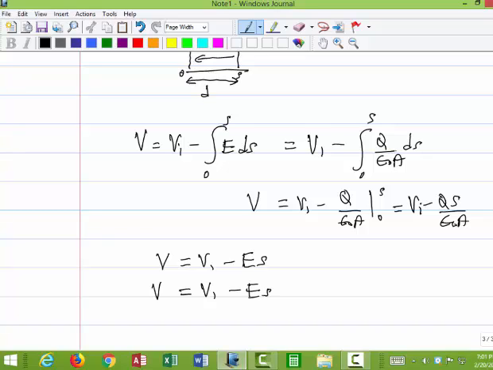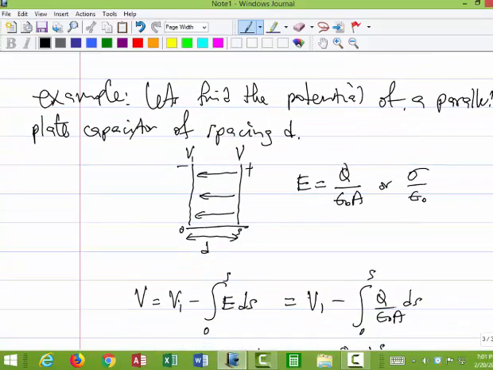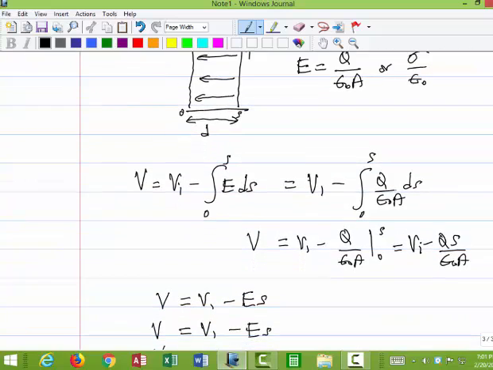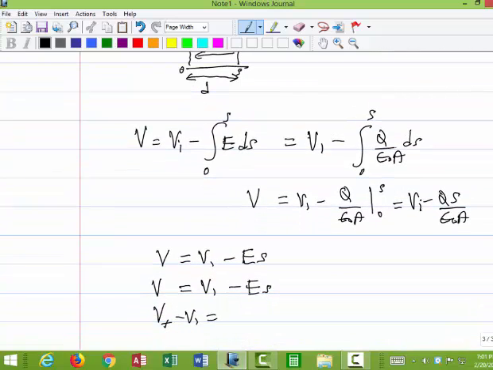If we take V final minus V initial, it goes from positive to negative. The negative terminal is 0, and the electric field goes from right to left, from positive to negative. So V final is equal to 0, therefore V is equal to ES.